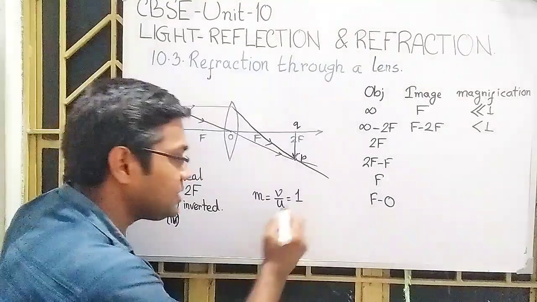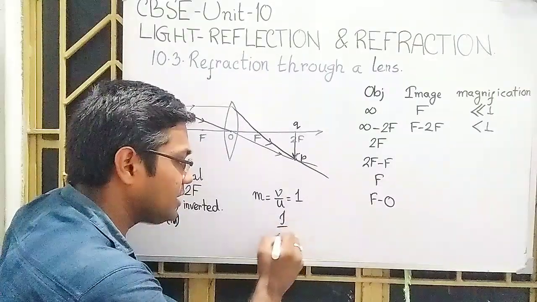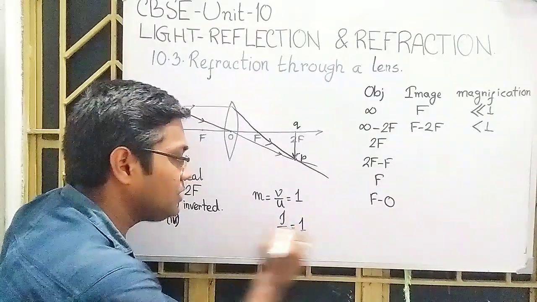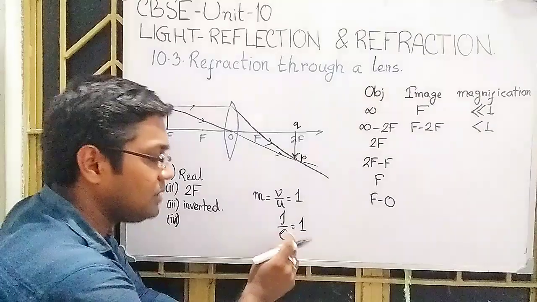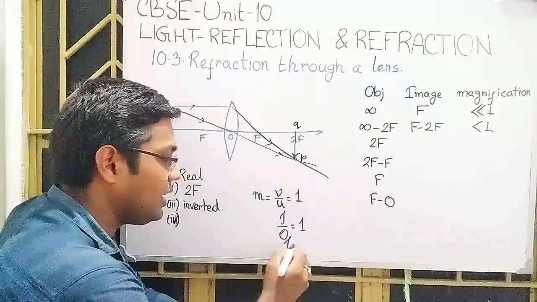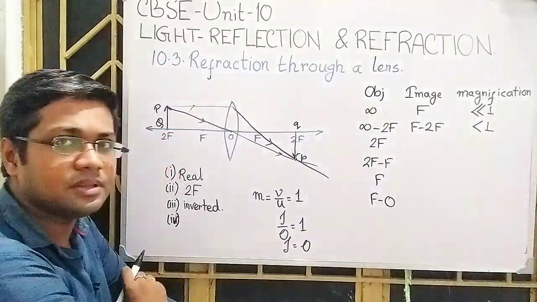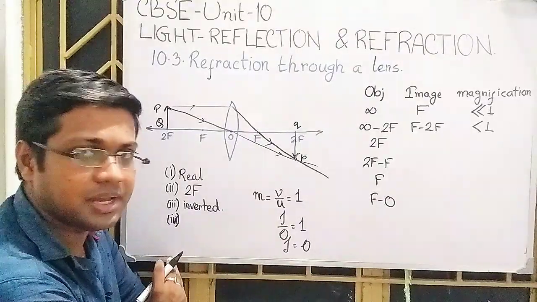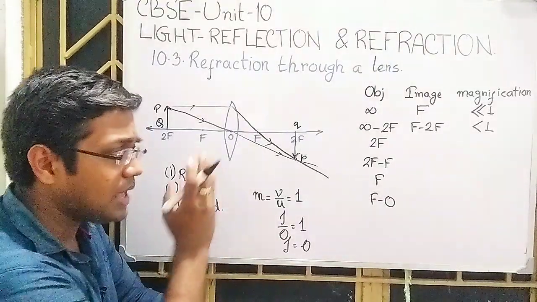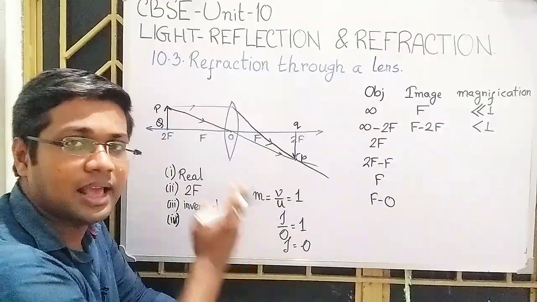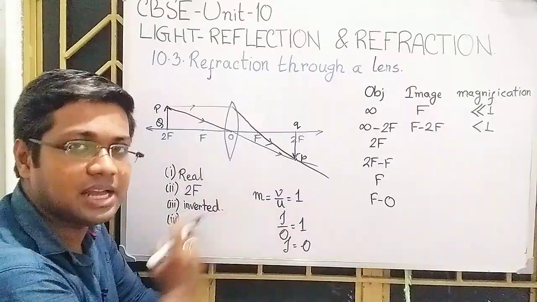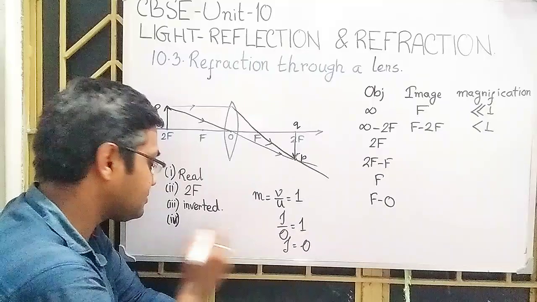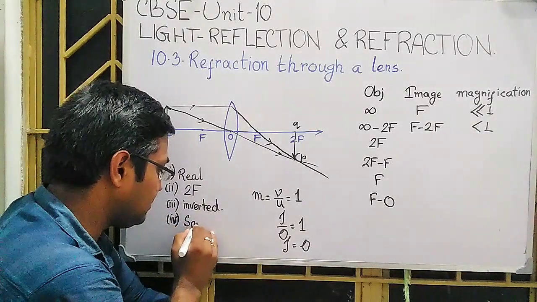Since the magnification is 1, and magnification is also defined as I by O, I by O equal to 1. So it gives us I equal to O. So image height is equal to the object height. So the image that we have obtained here is the same size as the object. So it is of same size.